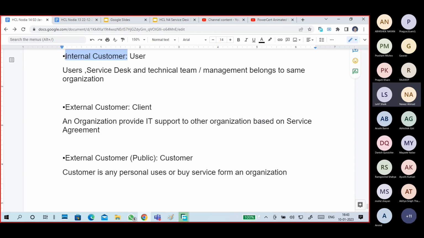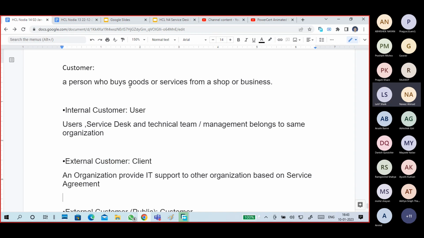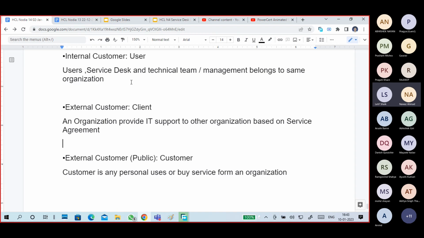Only two types are there. But I added one more customer type to understand it as a separate type, that is the public type of customers.